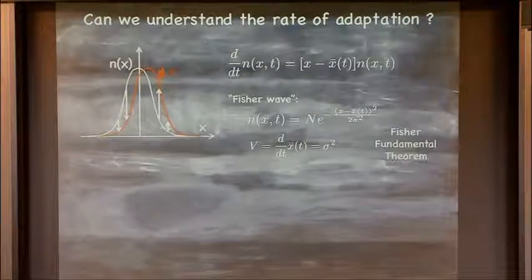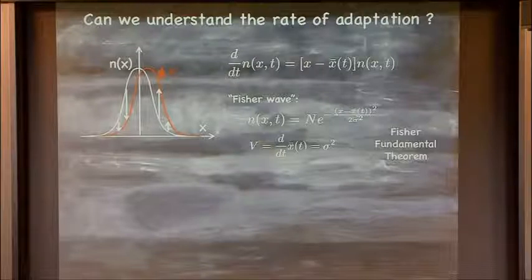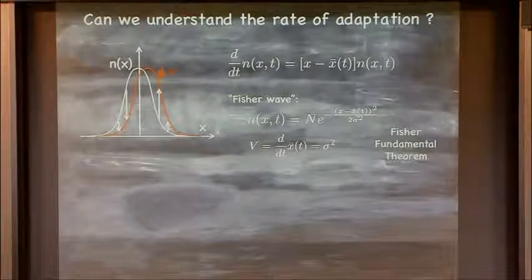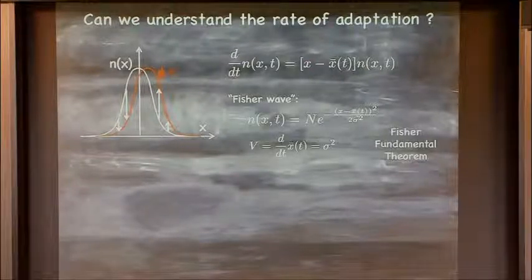We'll take this continuum limit, and the simplest thing is just to write down a little mean fieldish type equation for dynamics of this distribution. So clearly individuals that are better than mean in fitness grow exponentially with a rate given by this differential, and this is a very simple little equation.